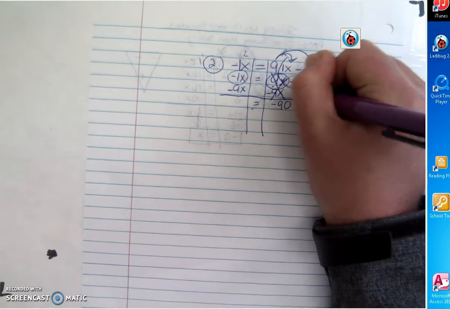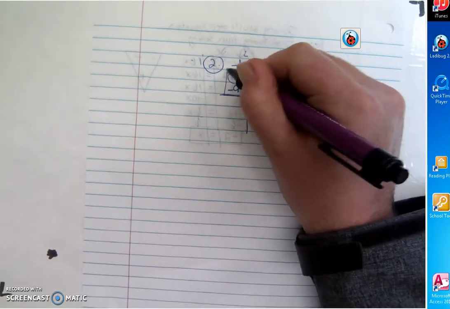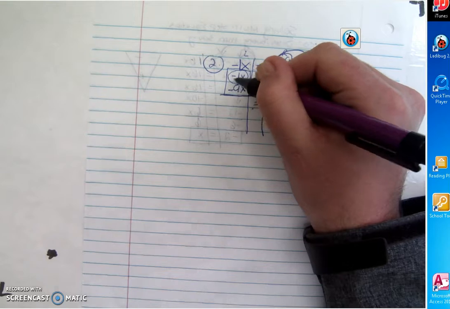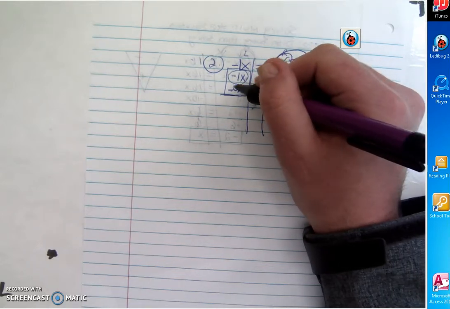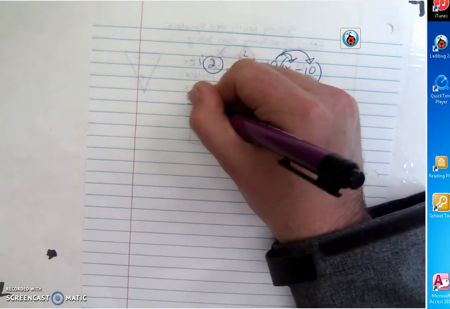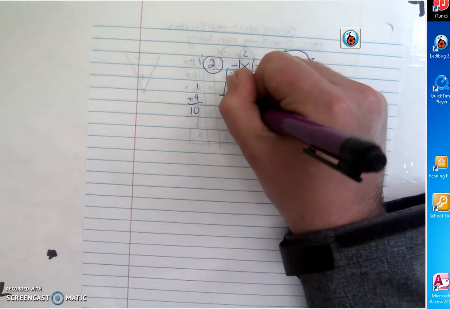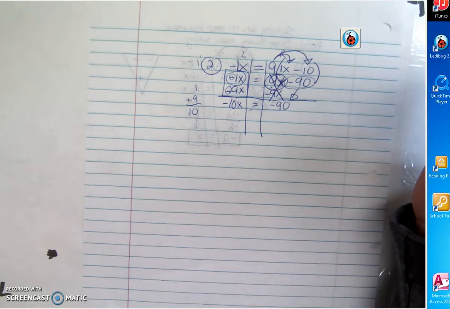Do not forget to bring down the negative with the 90. Now here, I have an integer question. Same sign or different? Here the signs are the same, so the rule states if the signs are the same, I add the two numbers and I keep the sign the same.